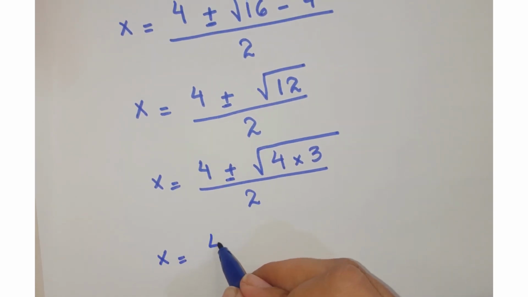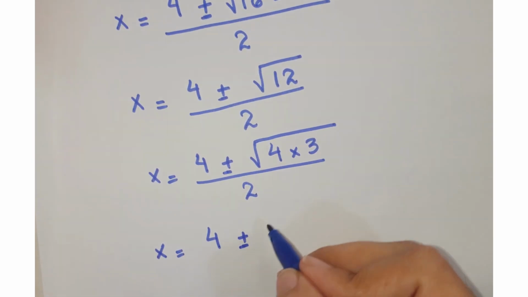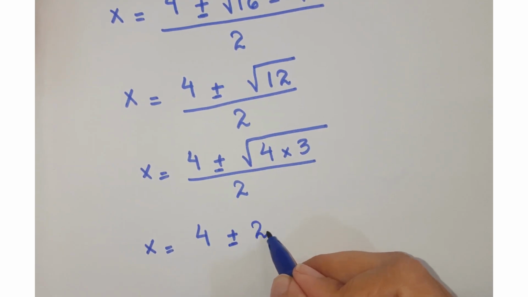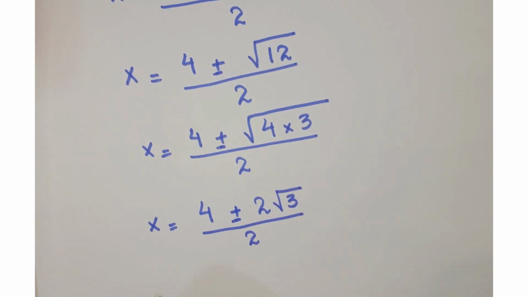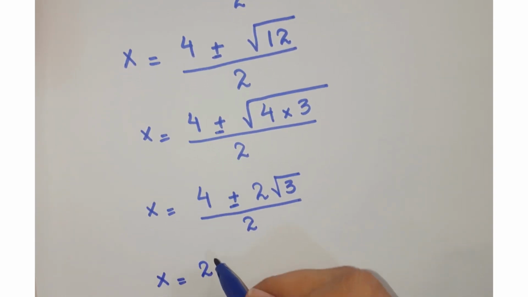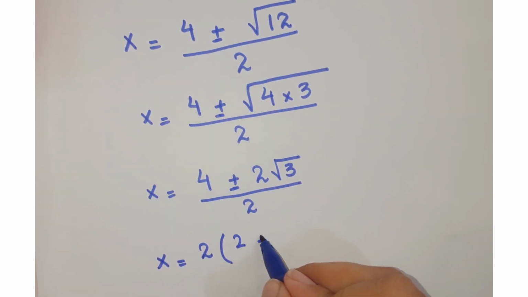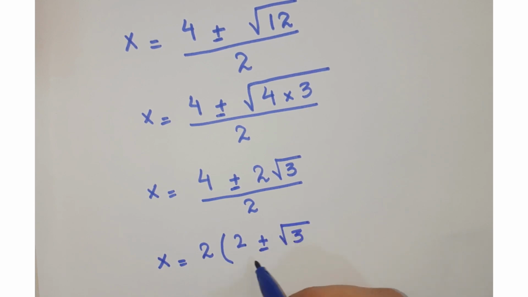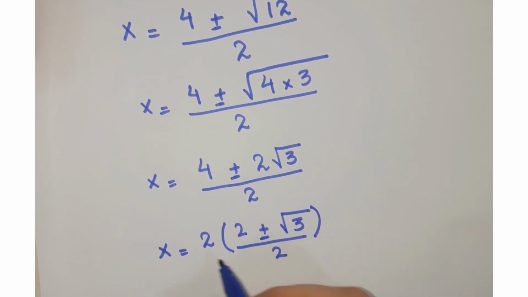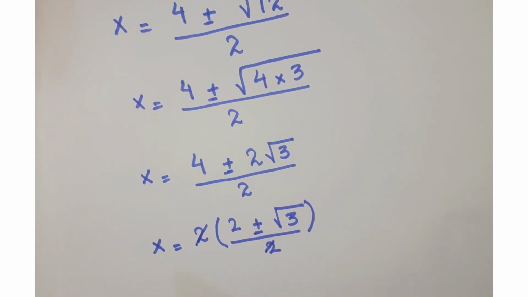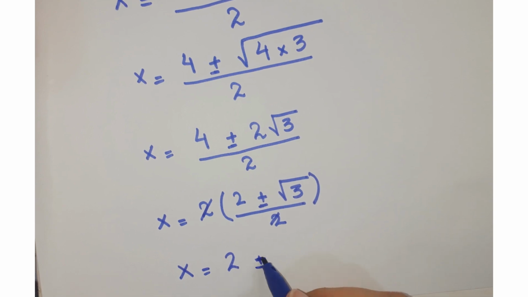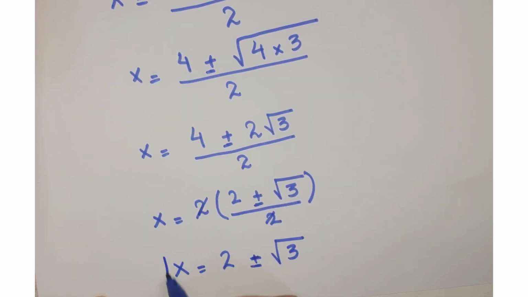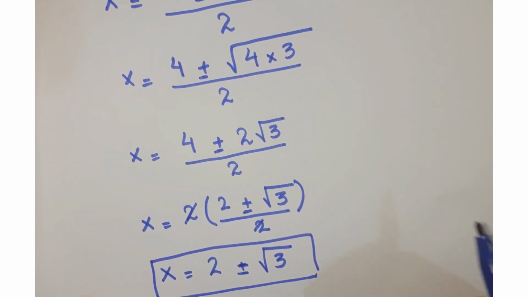So 4 is a perfect square of 2, so 2 under root 3, upon 2. Just take out 2 common, so you have 2 plus minus under root 3, upon 2. This 2 gets cancelled. So the two possible values of x after solving this question are 2 plus minus under root 3. And this is our required answer.